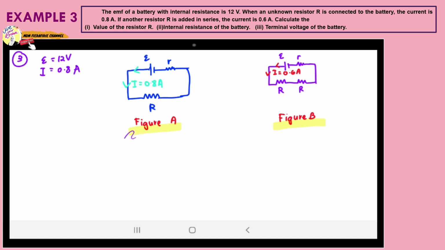Since we know that EMF is equal to I R plus r.